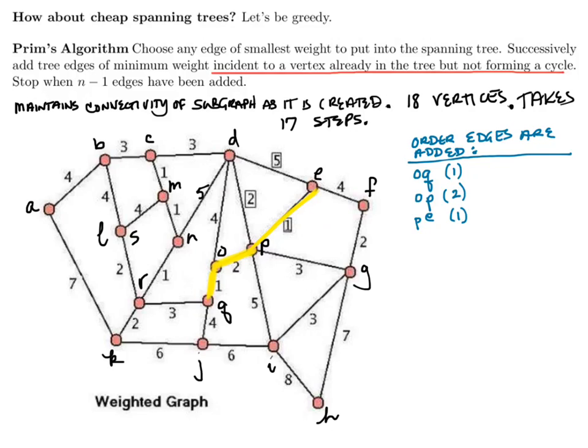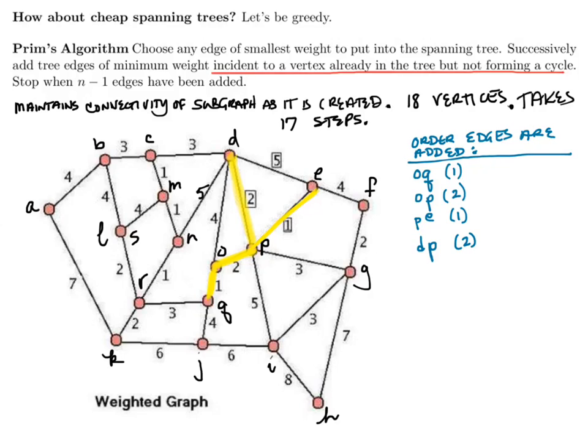Now you have to consider everything adjacent to Q, O, P, and E. That's weight 5, weight 4, weight 2, weight 3, weight 5, weight 4, weight 3. Nothing's creating a cycle yet, so we will go ahead and add that weight 2 edge. So let's add PD of weight 2.